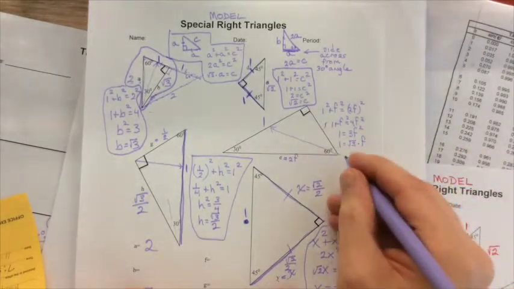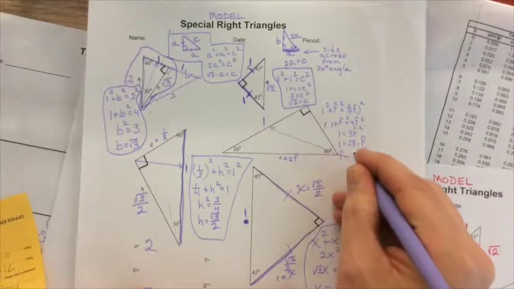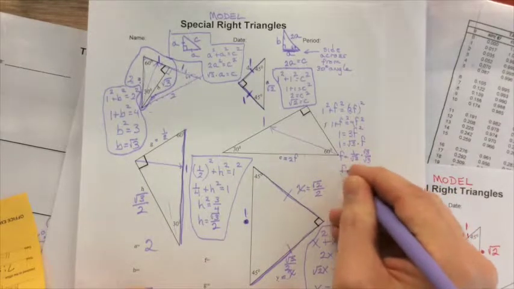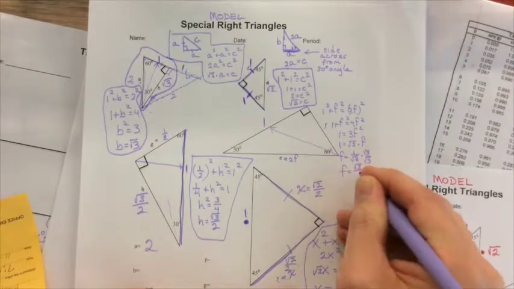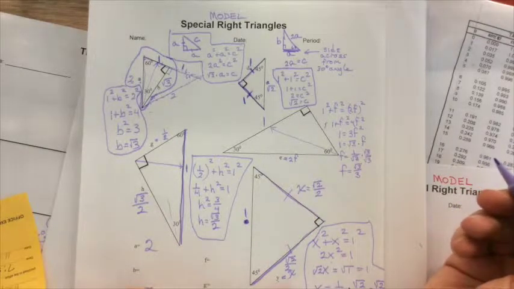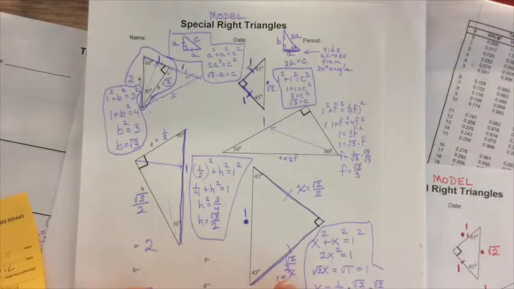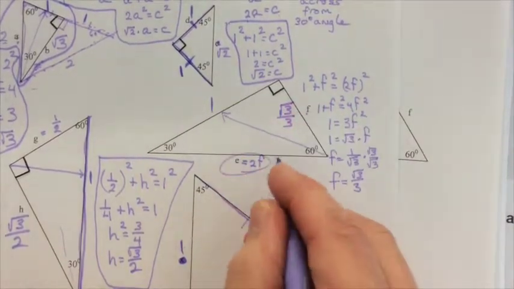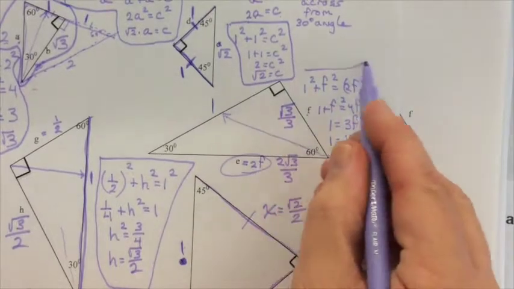I've got to divide both sides by square root of 3 and then rationalize the denominator to find out that f is equal to the square root of 3 over 3. So this is the square root of 3 over 3. And this is twice as big, so this is 2 times the square root of 3 over 3.